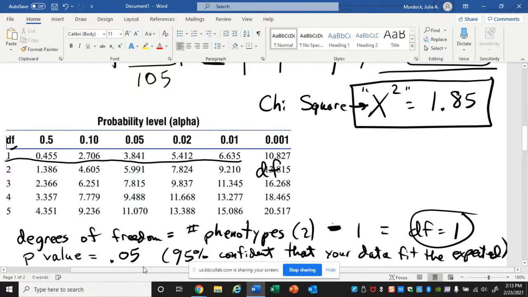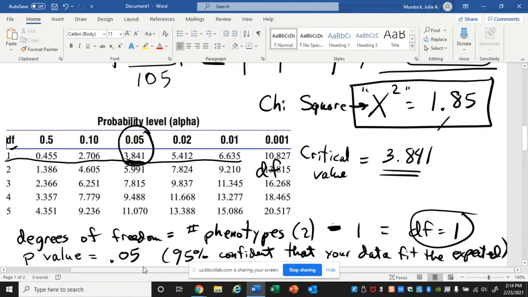That's all that means. So here's where we are, and that's the number we're looking at right there, 3.841, and that is our critical value. That's what that's called.